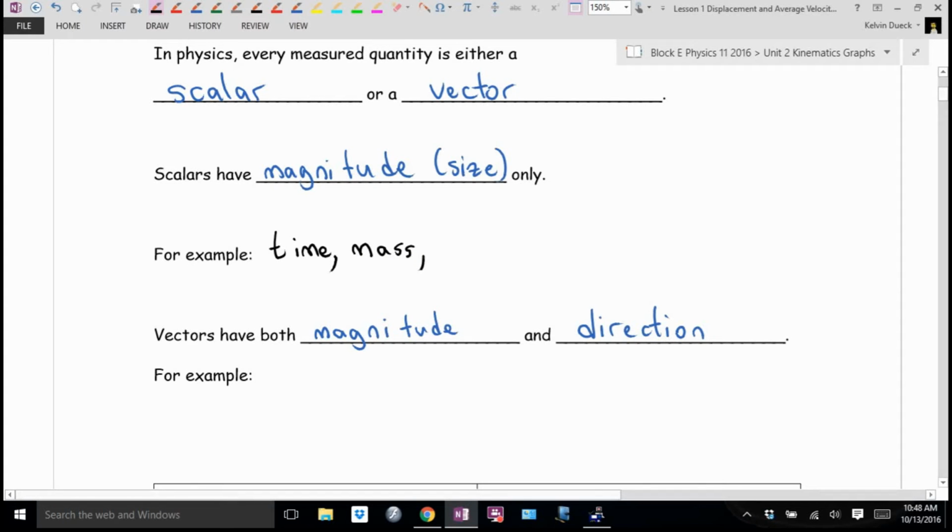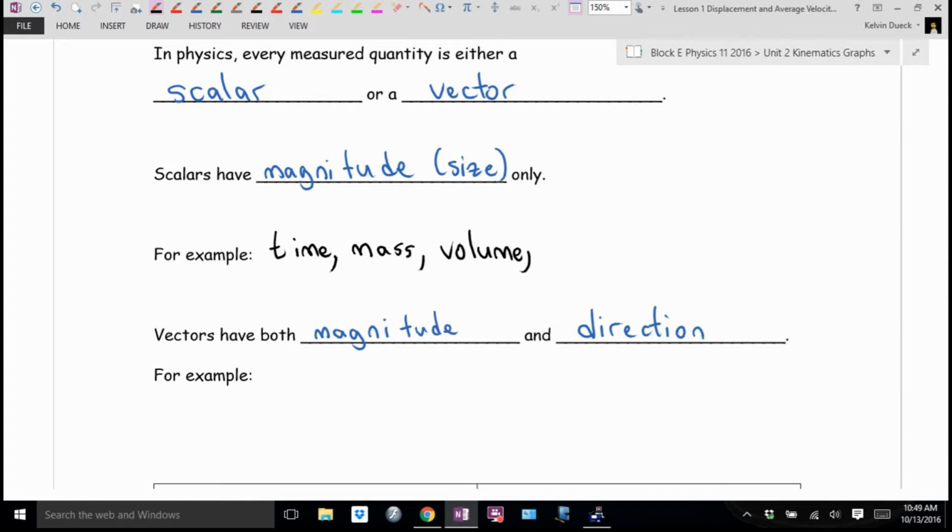It doesn't make sense to say that object has a mass of 51 kilograms up. Volume. Area, work, energy, speed, distance, voltage, a bunch.